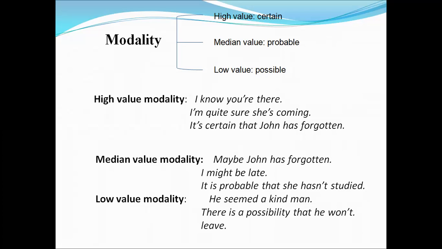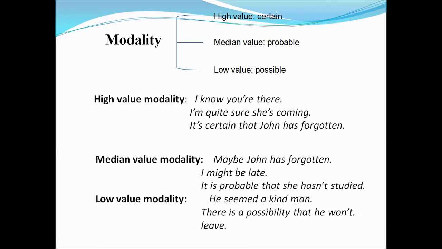And modal verbs, for example, maybe, might, is probable. You can see the second one here, the median or middle value. Maybe means probable. Might be means also probable. Is probable means also probable. These modal verbs show probability. And low value modality means here possible.